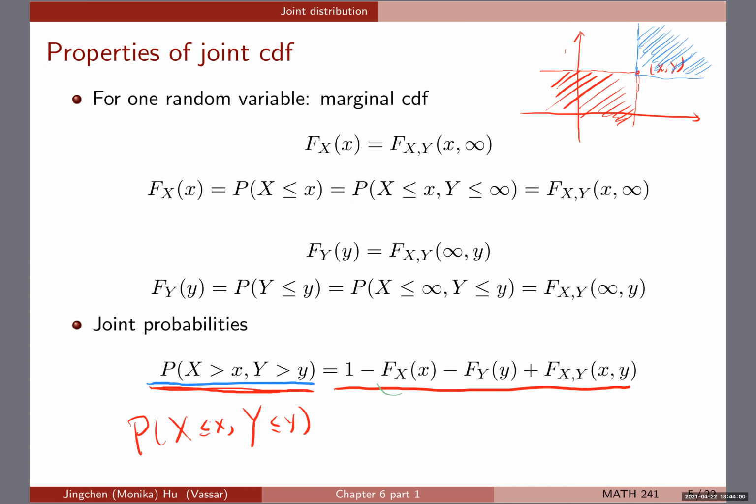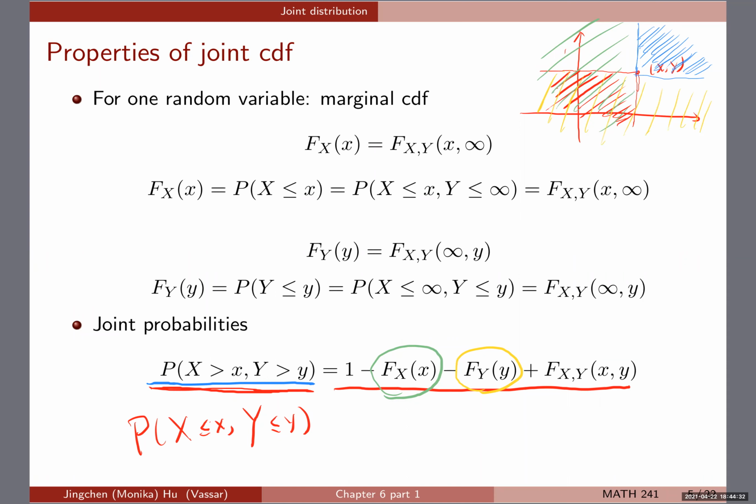F_X, for the notation of this graph, is everything on the x-axis that's smaller or equal to small x, so that will be everything over here. And lastly, F_Y is going to be everything below this part.